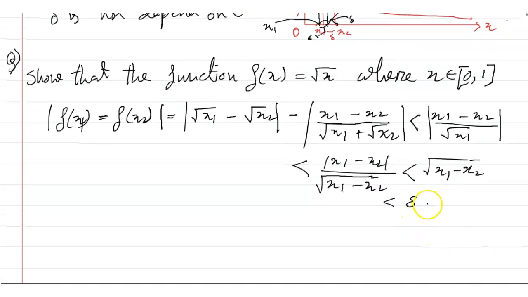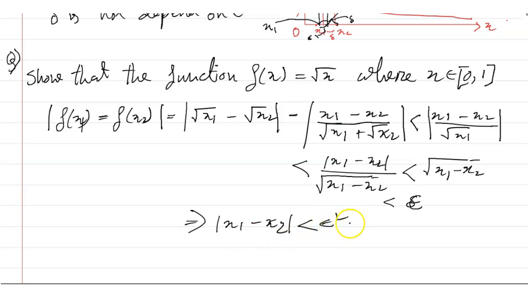So friends, less than delta means less than epsilon, and that implies |x1 - x2| < epsilon square, and this is delta. So delta is depending on epsilon square.